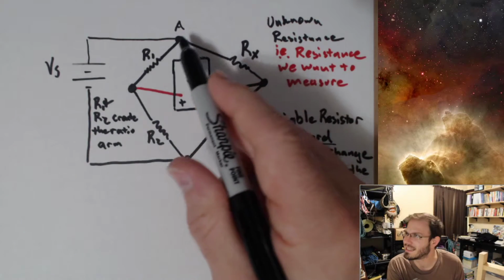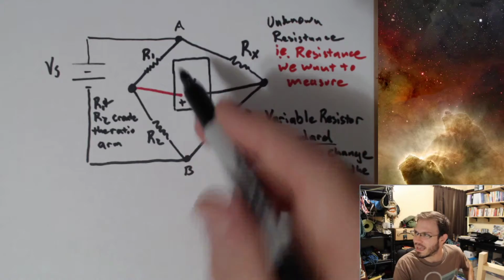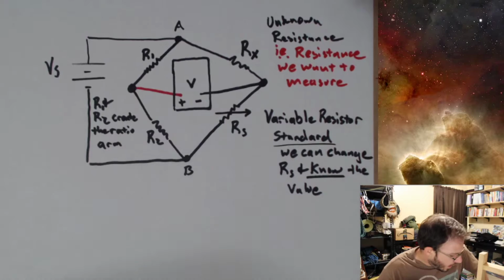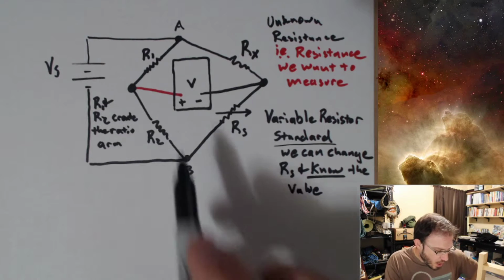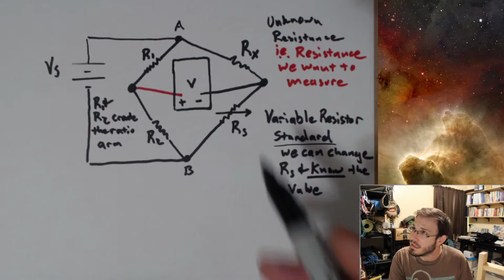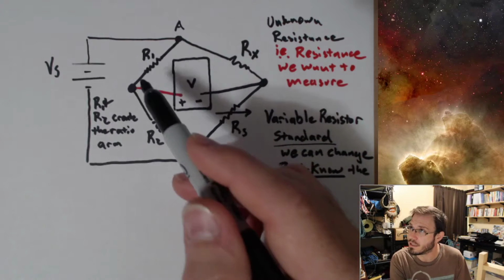Okay, that's what this leg is referred to, this side of that parallel branch. Okay, and now if you notice, what this Wheatstone bridge is really consisting of is two voltage dividers.